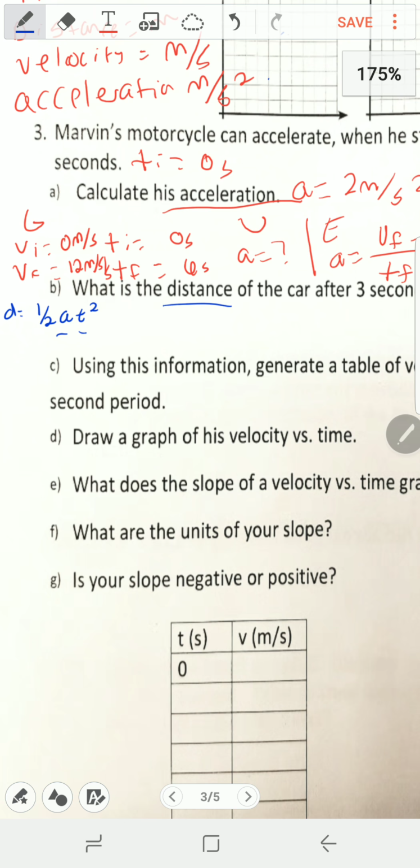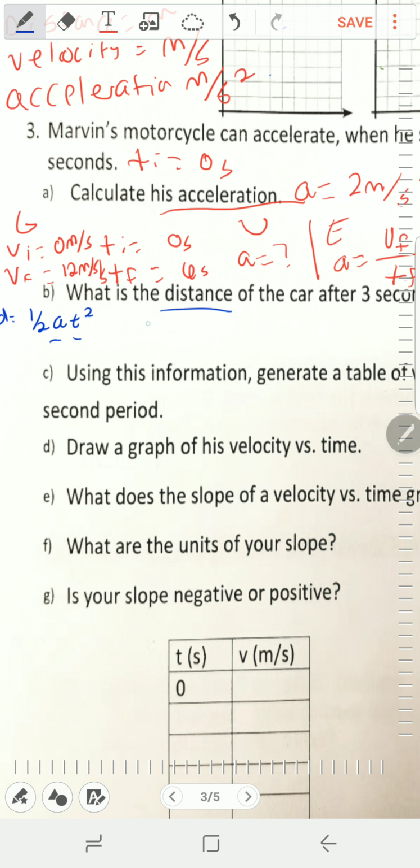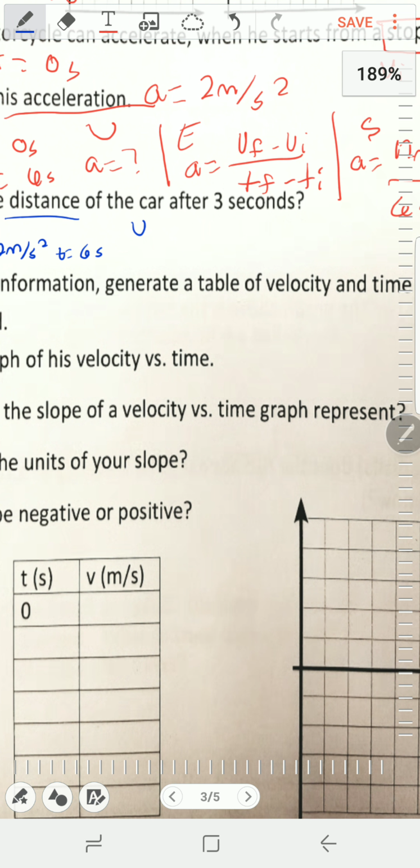And so now let's plug this in. So my A, using the GUESS method, my A equals 2 meters per second squared, and my T equals 6 seconds. My U is distance, and my E is D equals 1/2 A T squared.